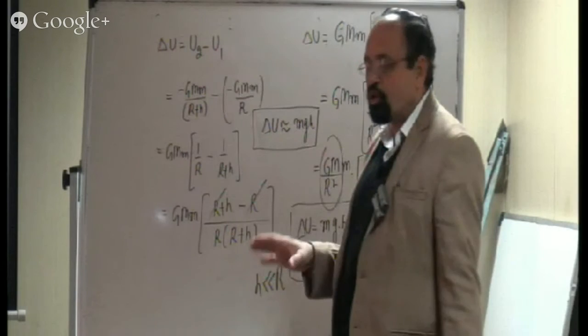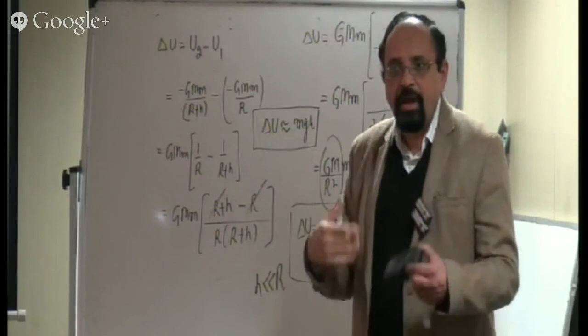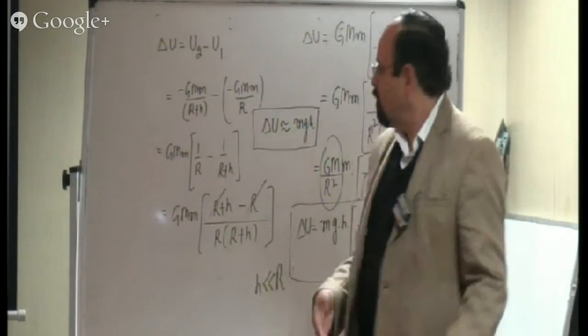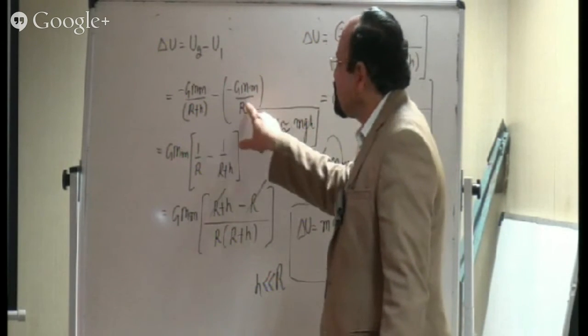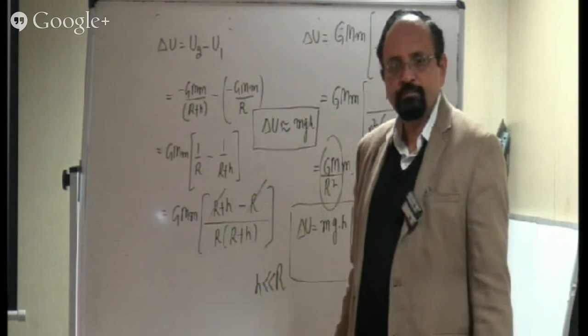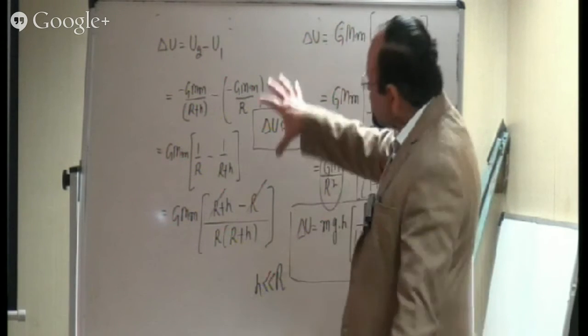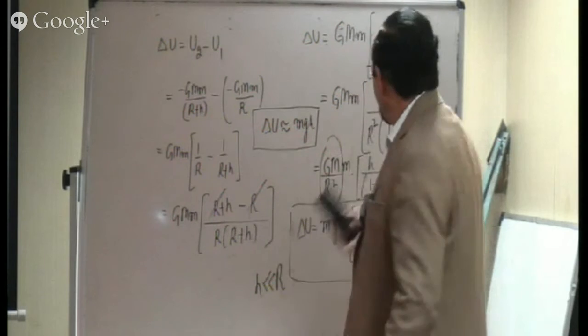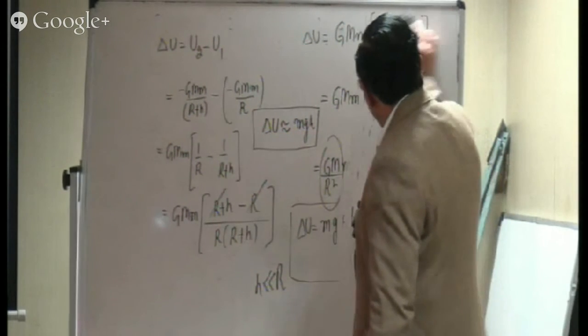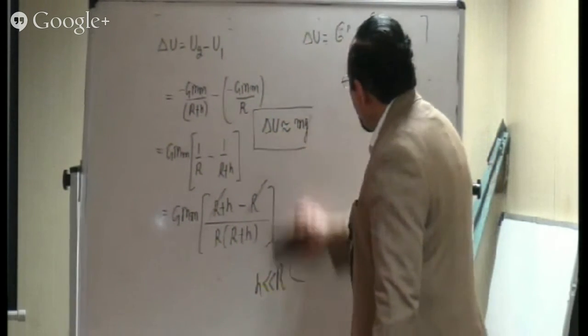If you are not sure these assumptions are applicable in your question, you do not use this mgh, you prefer to use this one. Let's understand this with an example in more detail.